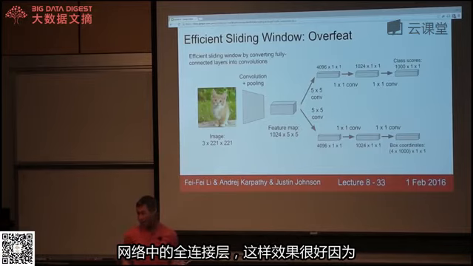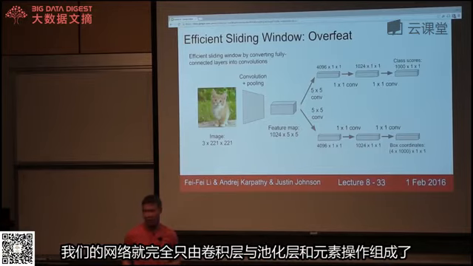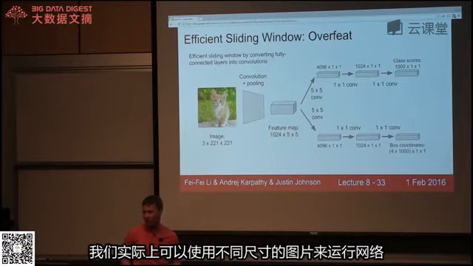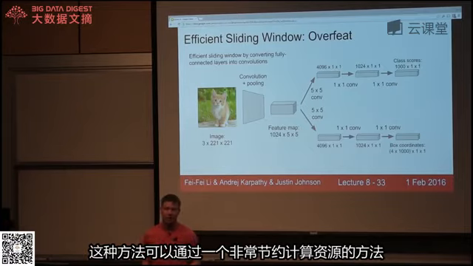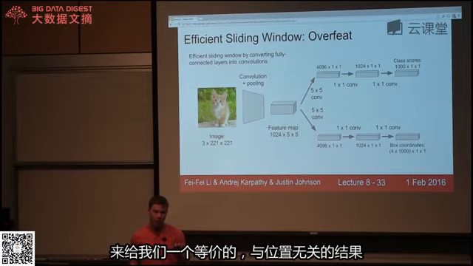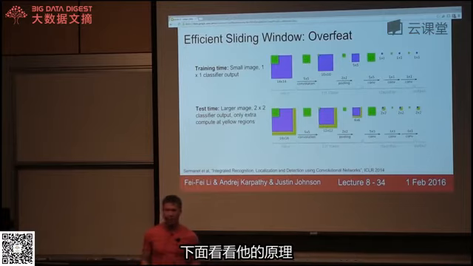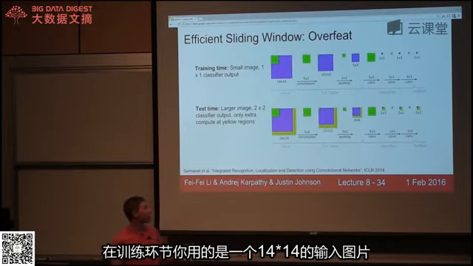And now this is pretty cool, because now our network is composed entirely of just convolutions and pooling and element-wise operations. So now we can actually run the network on images of different sizes. And this sort of will give us very cheaply the equivalent of operating the network independently on different locations. So to see how that works, imagine at training time, you're maybe working over a 14-by-14 input.